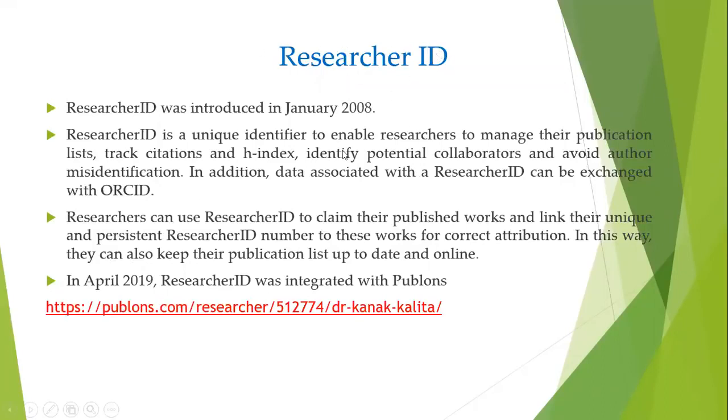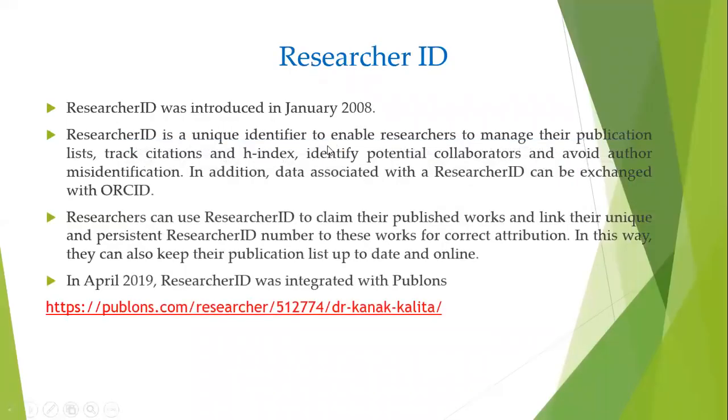So it is again similar to whatever you have seen for the Scopus ID and all that. Again, the problem with researcher ID is that it is not freely accessible, because it is proprietary software. Researcher ID is directly created by the SCI or the Web of Science database.